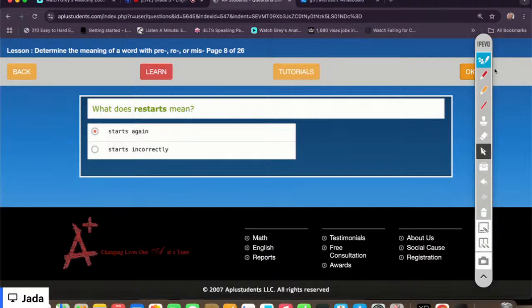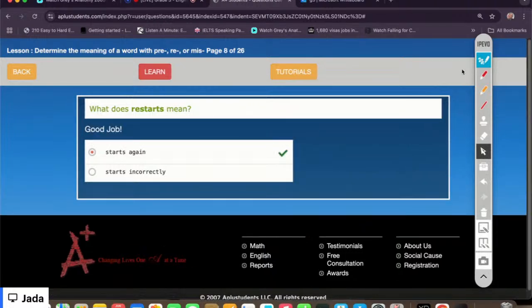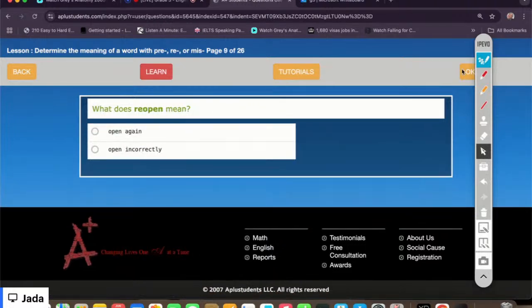Okay, so what does reopen mean? Open again or open incorrectly?